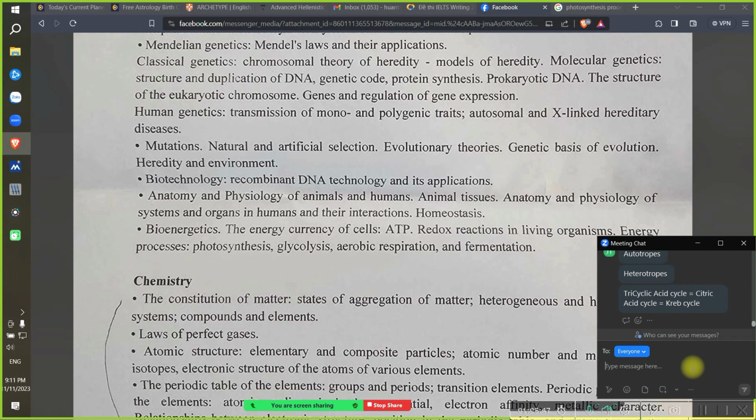So we have done aerobic respiration, but let me ask these questions. I know that cellular respiration contains 4 stages.